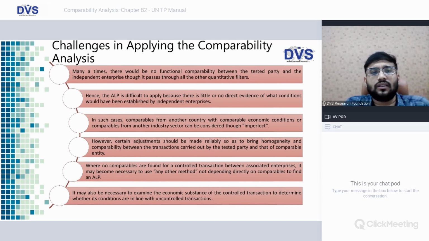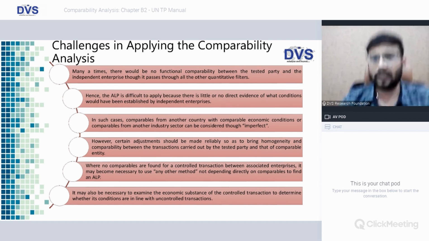What are the various challenges? Many times there would be no functional comparability between the tested party and the independent enterprise, though it passes through all the quantitative filters. Quantitative filters means we are using databases, and more or less the entire session will focus on the usage of databases.